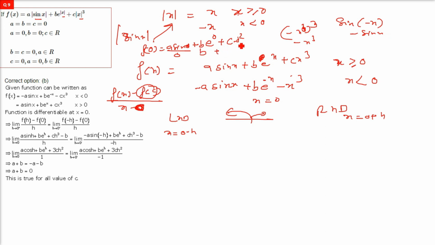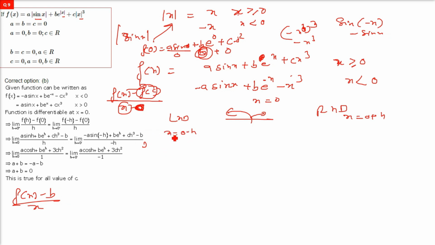So f(0) is b. The function is not 0 there, but it has a b. So f(x) minus b divided by x, because c is 0 here. The final simplified version is f(x) minus b by x.